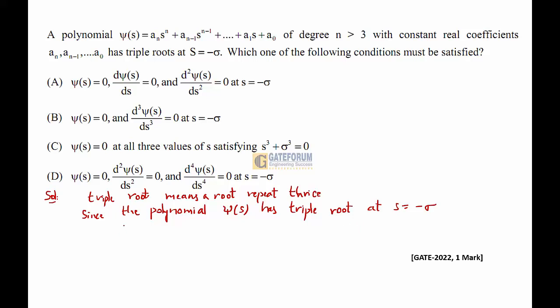Therefore, this is a triple root, and (s plus alpha) whole cube is a factor of the psi of s polynomial.